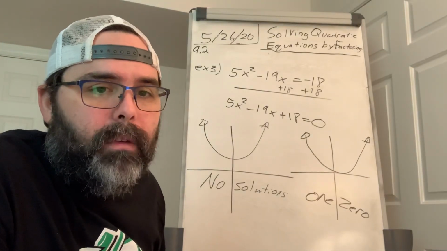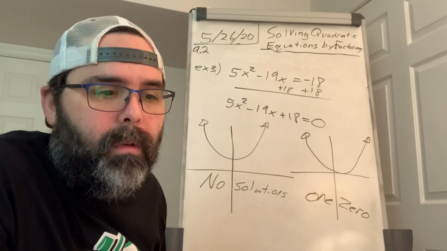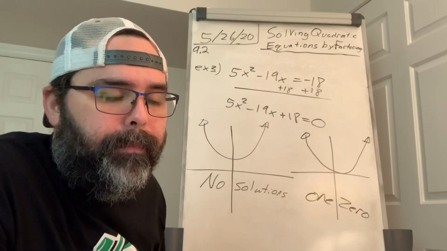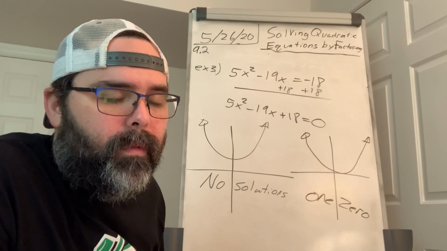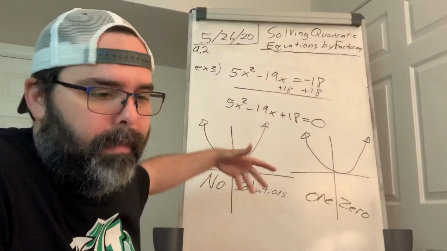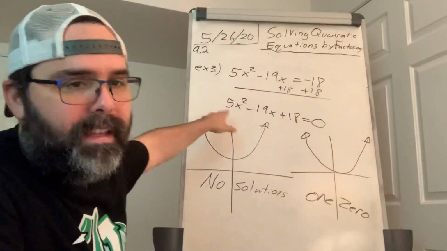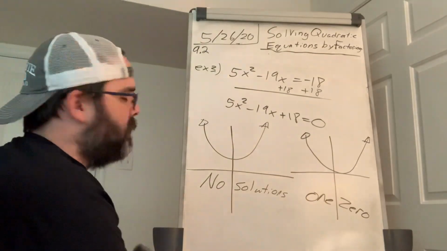We'll be able to test this further when we get into quadratic formula, but if this is non-factorable, that means it's no solution. And we'll worry about one solution later. So anyways, this one has solutions. I just wanted to tell you guys that.